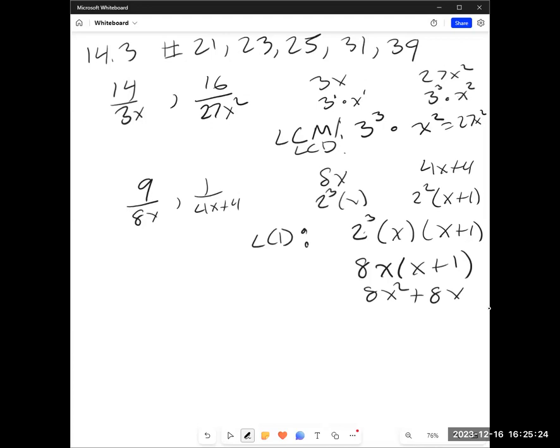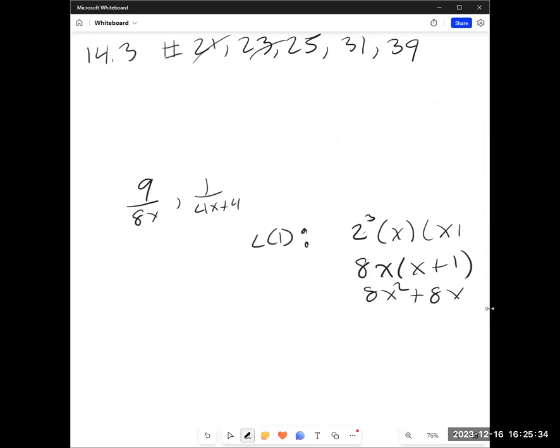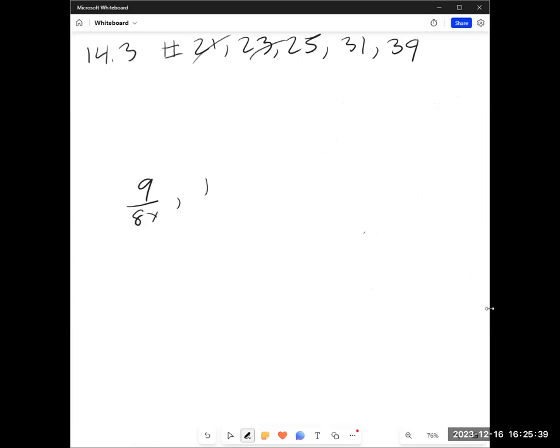All right, so let's go ahead and clean this up a little bit. Let's look at number 25 here, 5 over x plus 1, 7 over x minus 3.